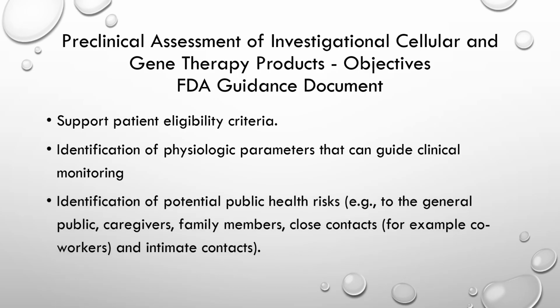And then again, you want to look at the risks to public health. For example, viral shedding and close contacts, co-workers, or anybody who may even be involved in the manufacture of these products, because we did talk about point of care manufacture. So what are the potential risks to public health, to people who are responsible for administering the drug? And we have to get that under control.